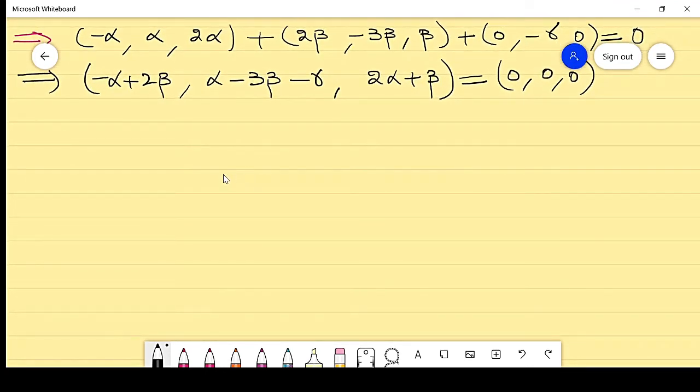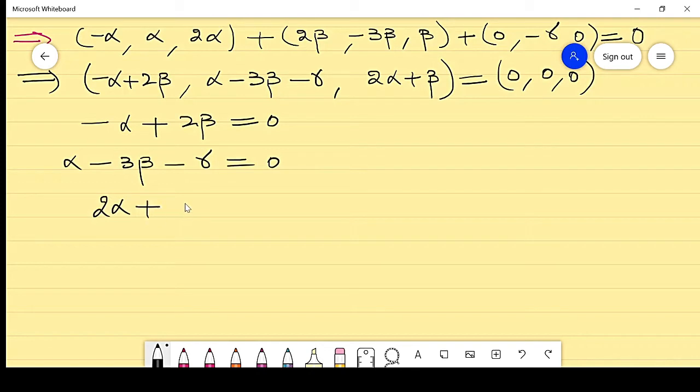Now from this equation we get three equations. One is minus alpha plus 2 beta equal to 0. Second is alpha minus 3 beta minus gamma equal to 0. And third is 2 alpha plus beta equal to 0. Suppose these are equation 1, 2 and 3. Now solve these equations in terms of alpha, beta, gamma.